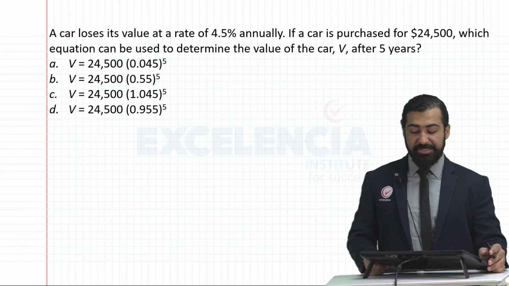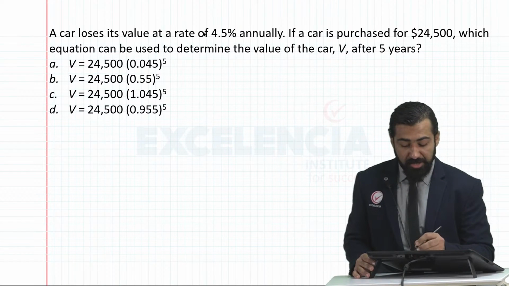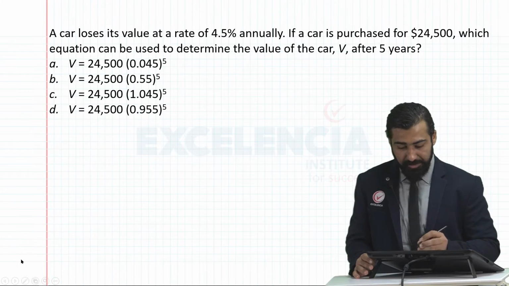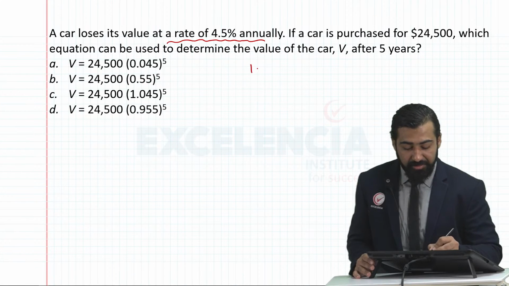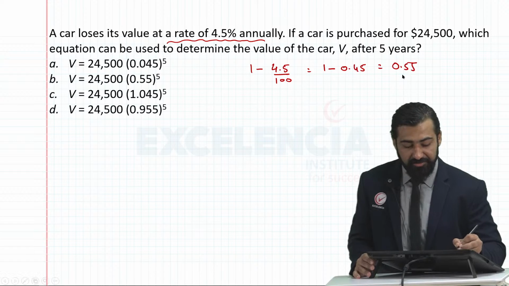So this is a decay problem. Our growth factor will be 1 minus 4.5%, in other words, 1 minus 0.45, which comes out to be 0.55.